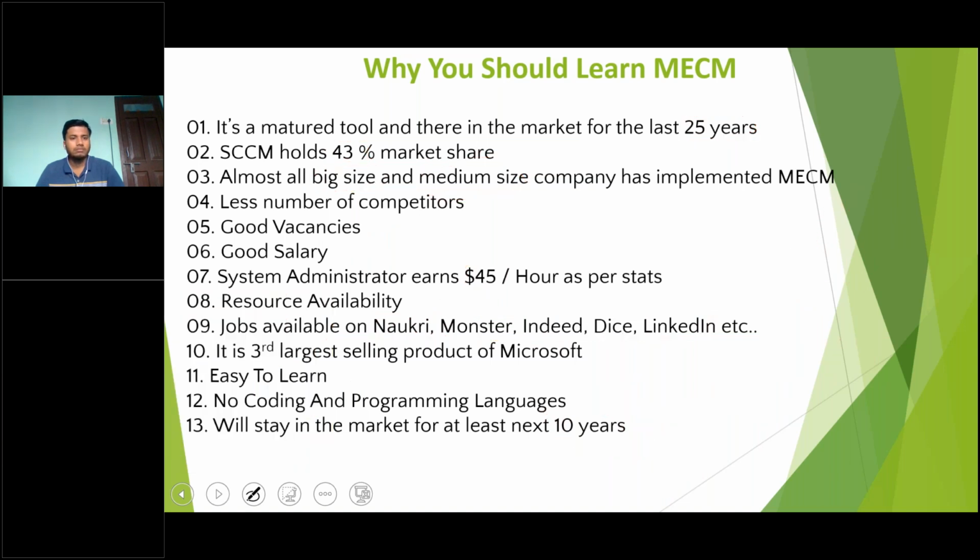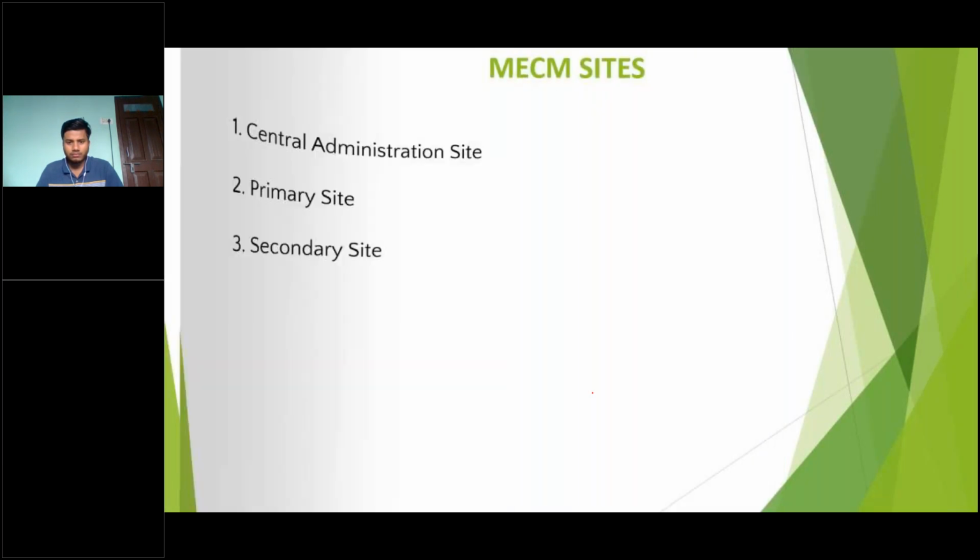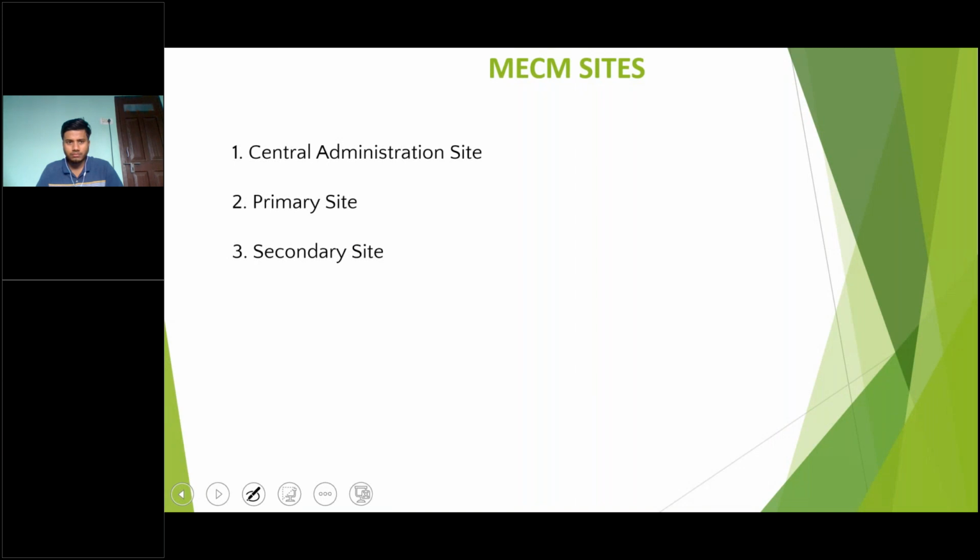So it's a good technology. If you would like to make your career in this one, you can, because you have good vacancy, good salary, and it is the third largest selling product of Microsoft. Easy to learn, no programming languages. So these are the factors why you should learn SCCM. Now in SCCM we have three sites: central administration site, primary site, and secondary site.